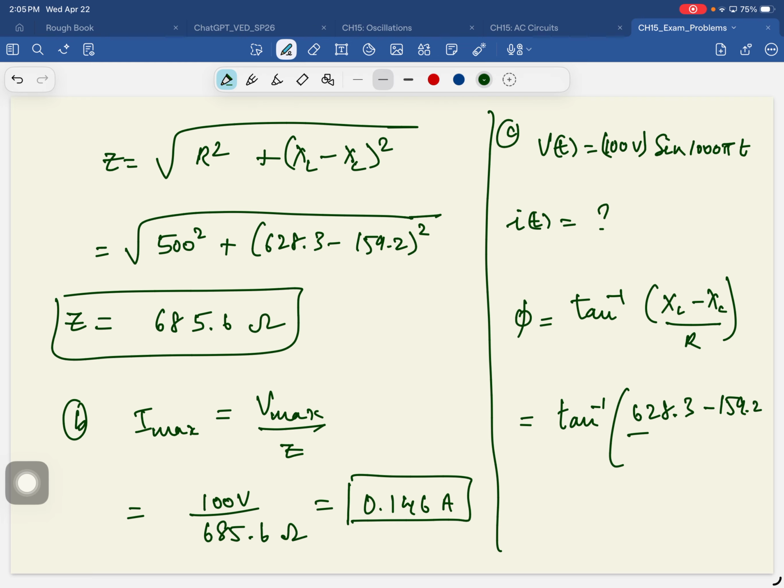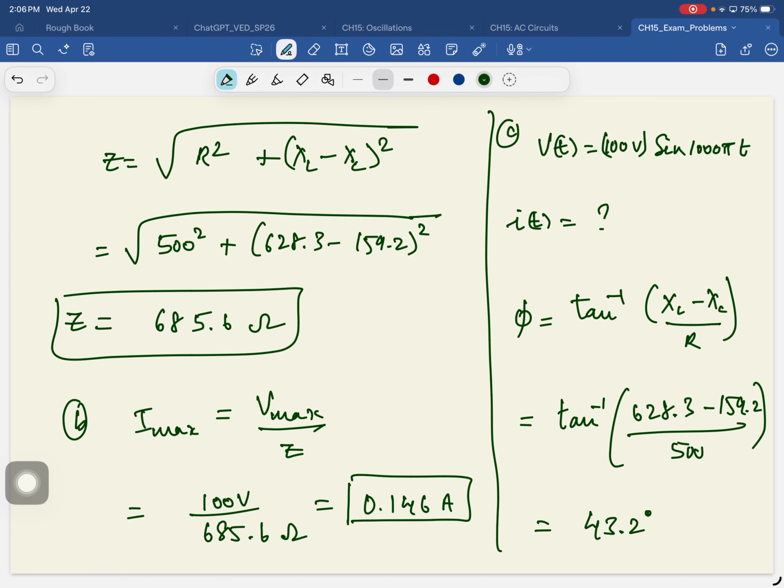Tan inverse of (XL minus XC) divided by R. Tan inverse of (9.4 minus 6.63) over 5, which is 29 degrees.